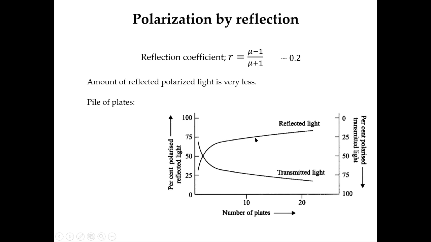The plot says that initially with an increase in the number of reflecting plates, the intensity of reflected light increases sharply, but later on the graph gets almost saturated. Therefore, it is seen that a pile of around 24 plates can make 90% of the incident light polarized.